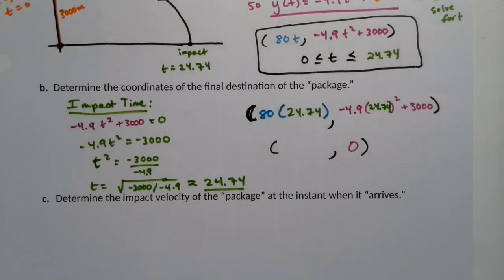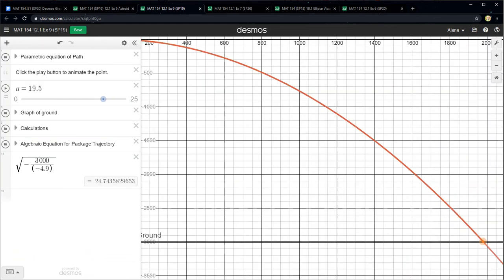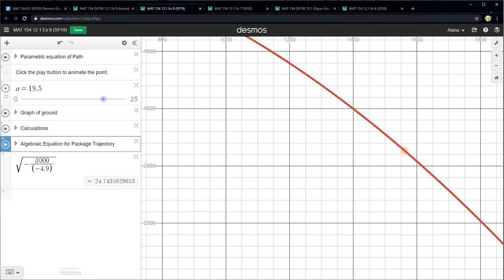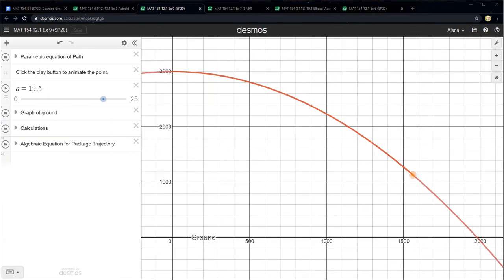So if I go back to Desmos really quickly, I can see when I look at the algebraic equation right here. Let me move that parameter off because I don't need that right there. I lost my ground. Oh, it's because I scrolled. Hold on one second. There we go. I made a few adjustments to make this work out. So you can see right there, 1979.487 and 0 because it's hitting the ground.